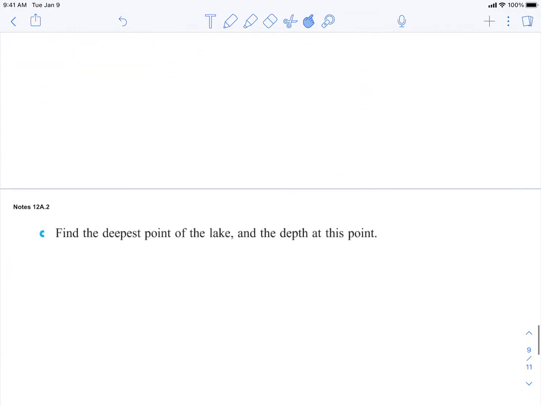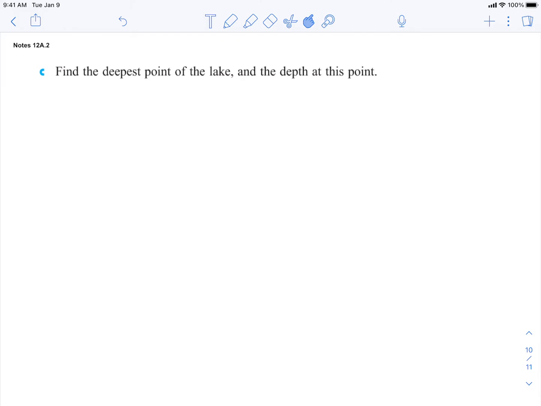All right. Part C says the deepest point of the lake occurs when the slope is 0, so we need to find that depth.